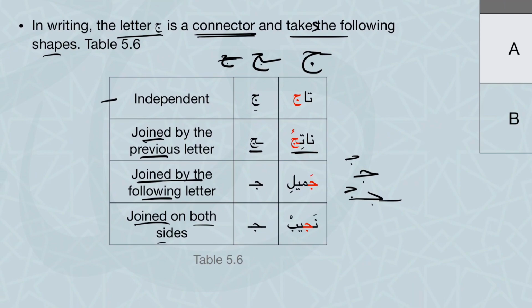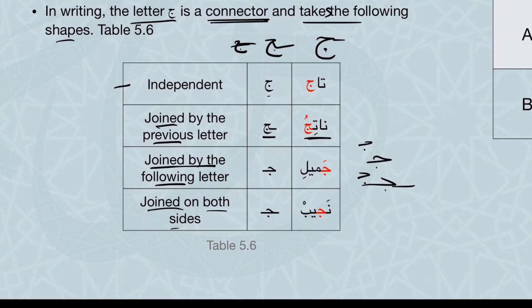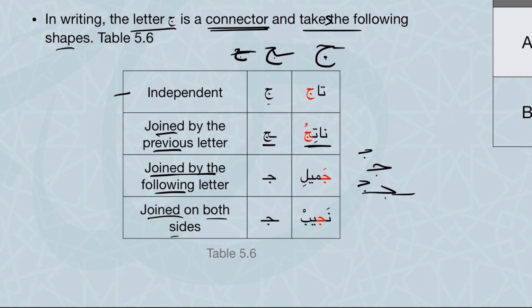Joined by a following letter, as word initial or after a non-connector, Jim has a fatha, the meem has nothing but is followed by a ya, so it's a long vowel kasra, so it's e. And the lam has a kasra, so it's jamili.